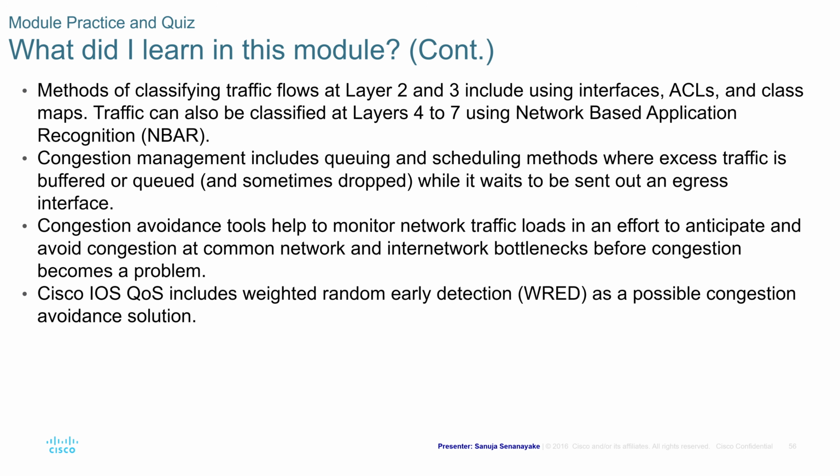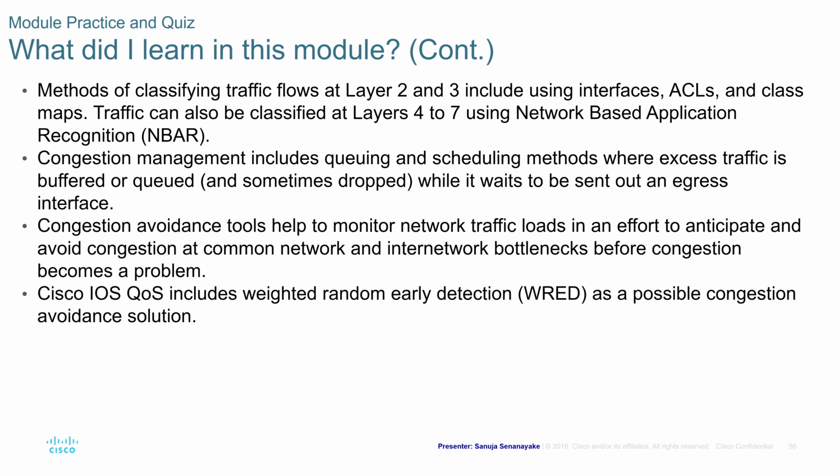Traffic can also be classified at layer 4 to layer 7 as well, using network-based application recognition, also known as NBAR, which we haven't covered much in this module. Congestion management includes queuing and scheduling methods where excess traffic is buffered or queued and sometimes dropped while it waits to be sent out at the egress interface or exiting interface.